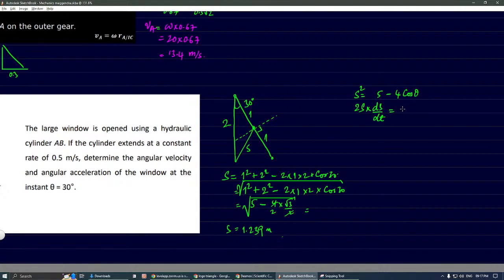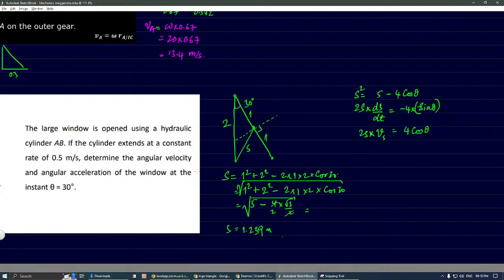Equals 5 is constant, so differentiation will be 0. Then minus 4 cos theta. Differentiation of cos theta is minus sin theta. So it will be just 4 sin theta. 2s into ds by dt. What is ds by dt? This is velocity.